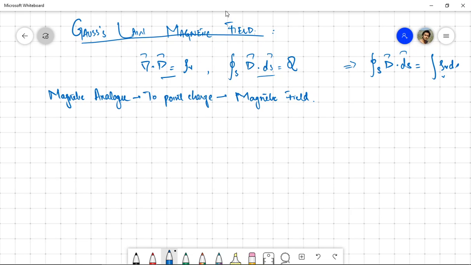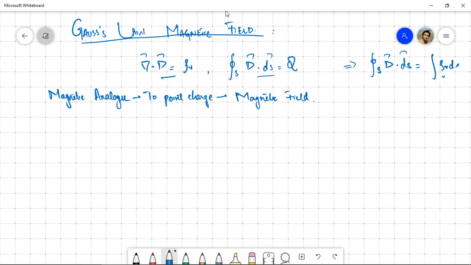So we reflect back to the example of a point charge, like how we calculated the electric field due to a point charge by imagining a sphere around it. But if we implement a similar concept for a magnetic field, that is not going to work. Why?